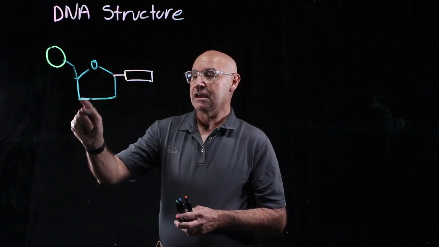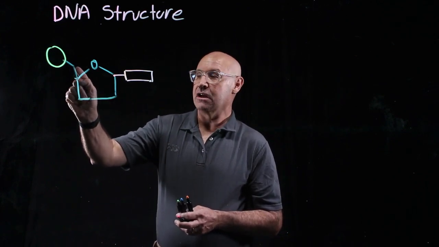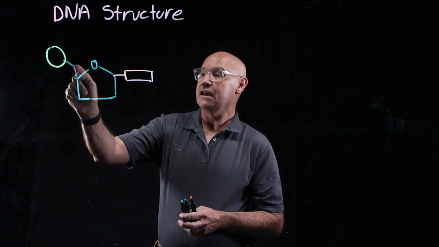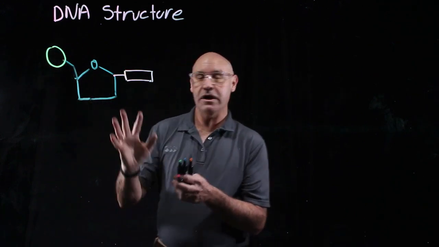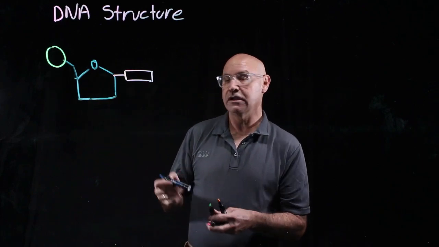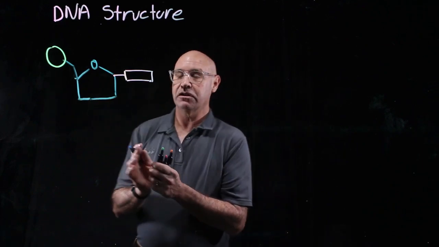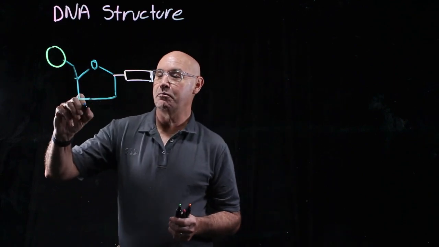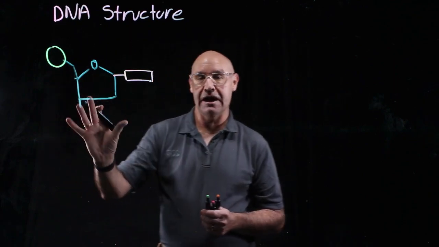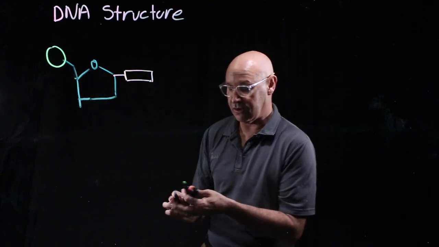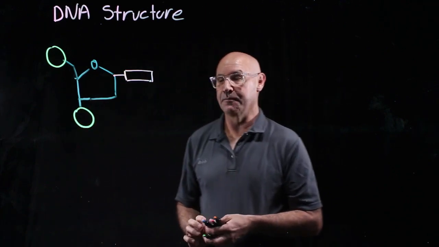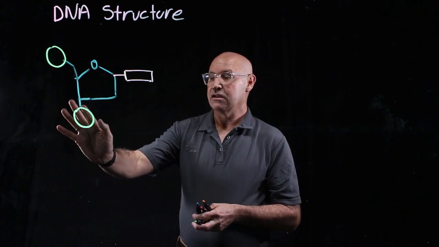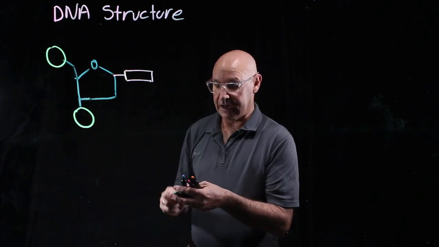Carbon 2, carbon 3, carbon 4, and that's carbon 5 there at the bend, and the phosphate comes off carbon 5. So we're going to add our next nucleotide. The next nucleotide is going to bond to the third carbon of this nucleotide. So the phosphate of our next nucleotide bonds to the third carbon.